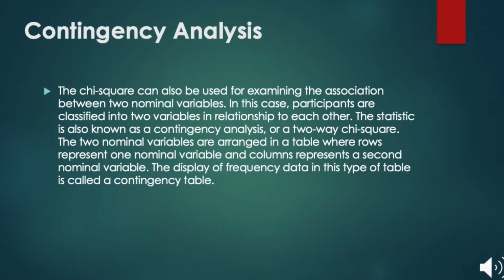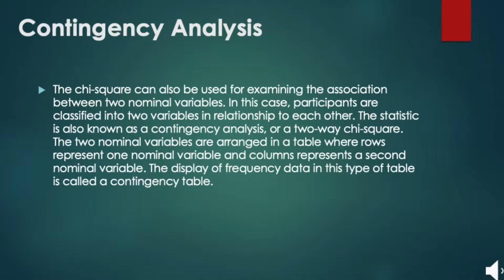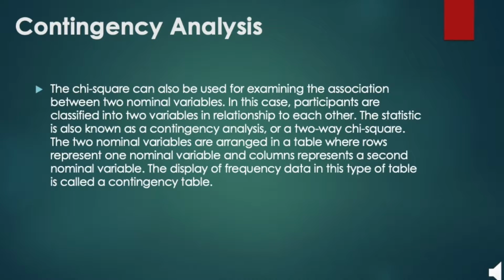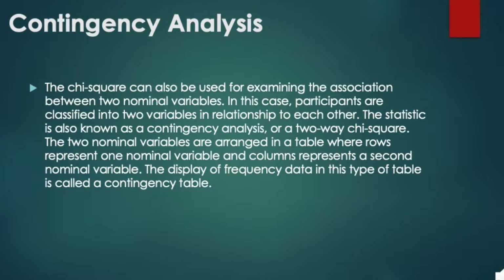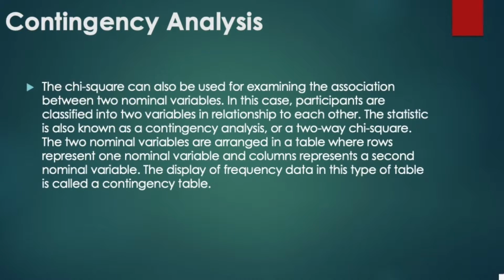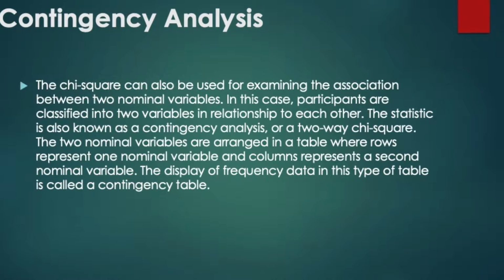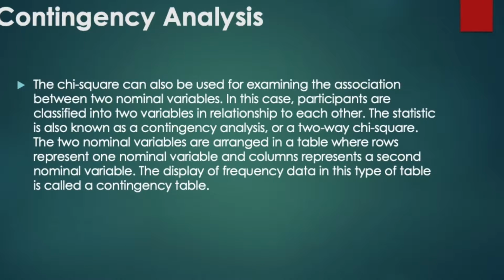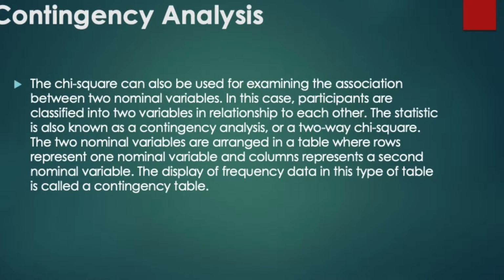In this case, participants are classified on two variables in relationship to each other. The statistic is also known as a contingency analysis or a two-way chi-square. The two nominal variables are arranged in a table where rows represent one nominal variable and columns represent a second nominal variable. The display of frequency data in this type of table is called a contingency table.